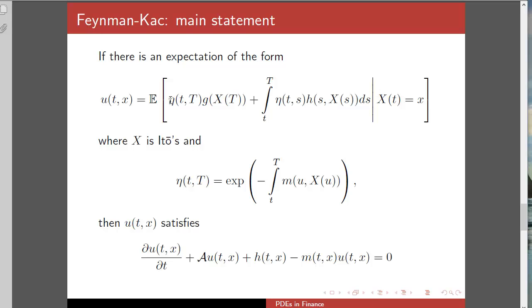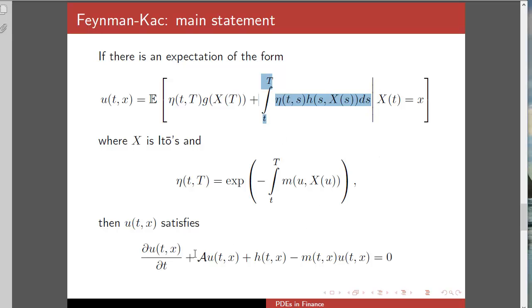Okay, so we have a problem where we have this eta times this function g, which is the payoff, and we don't have this integral present here. That means h is set to 0. Okay, so in the Black-Scholes case we have only these two terms involved, and we don't have this more complicated integral involved. So we can disregard this integral.